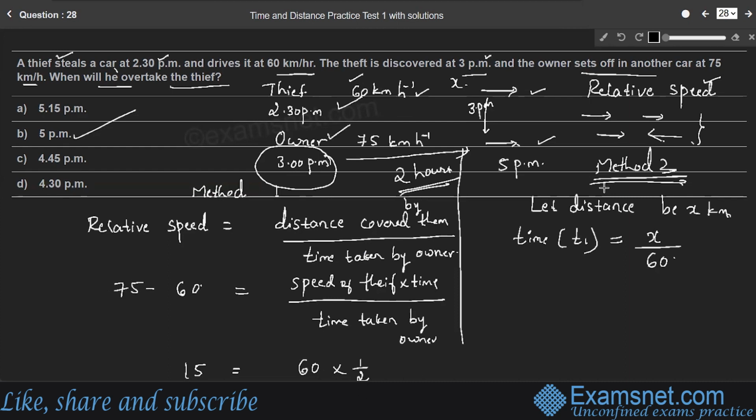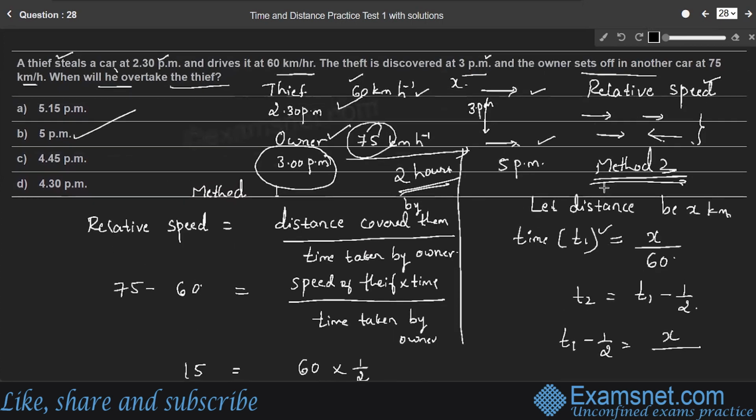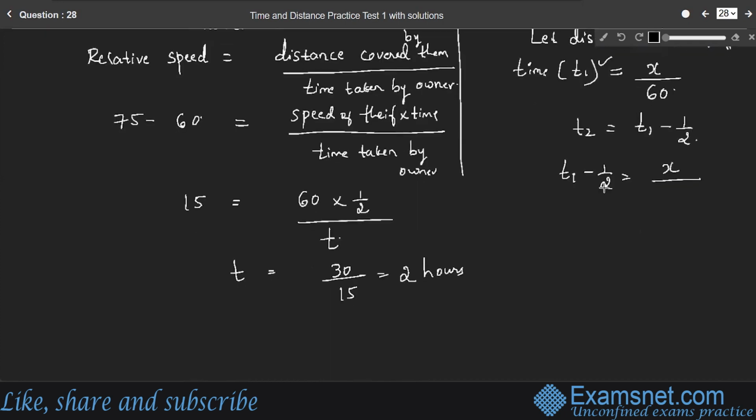Whereas the time taken by the owner is half an hour less than the time taken by the thief. Therefore, T2 is equal to T1 minus half an hour, which becomes the same distance covered by the owner divided by his speed, so distance by speed, 75. I'll mention distance and speed for your better understanding.